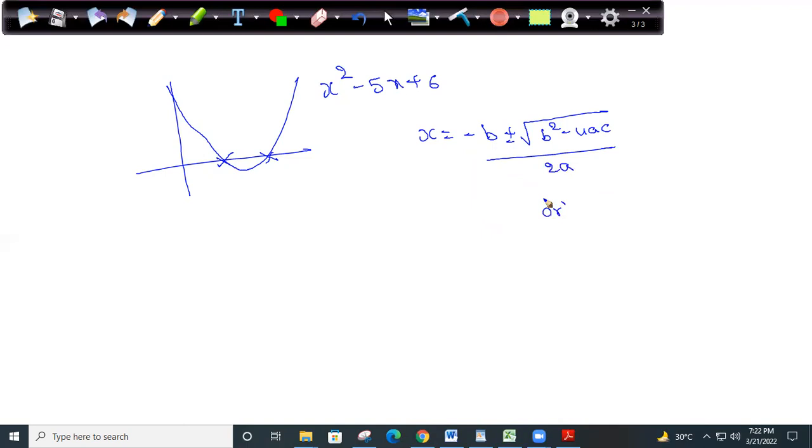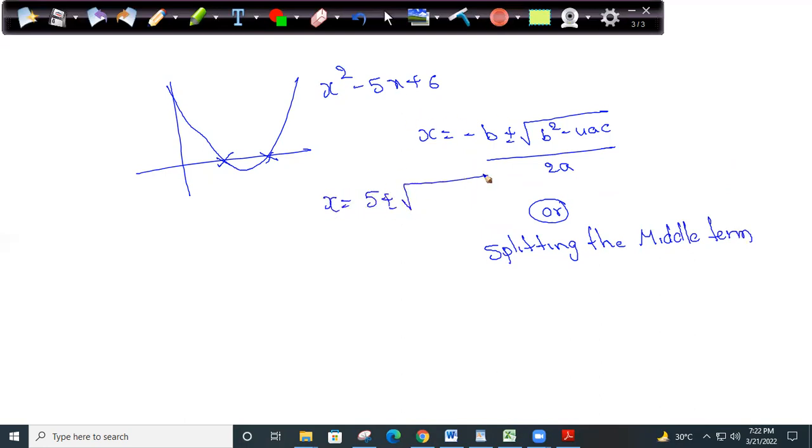Or you can also use splitting the middle term. Either way, you'll be able to find the x-intercepts. If I use the quadratic formula, x is equal to minus of minus 5, which is 5, plus or minus square root of 25 minus 24, by 2. 5 plus or minus root of 1, which is 1, by 2. So 6 by 2 or 4 by 2, 3 or 2.